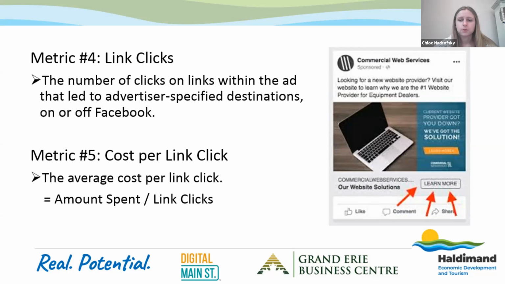On the right-hand side, that graphic just shows that in your labeled ad button, there can be a link. If they click on Learn More, it may take you to the website, or you can have a link in the description of your ad at the top there. Either of those count for link clicks, and you can calculate that.